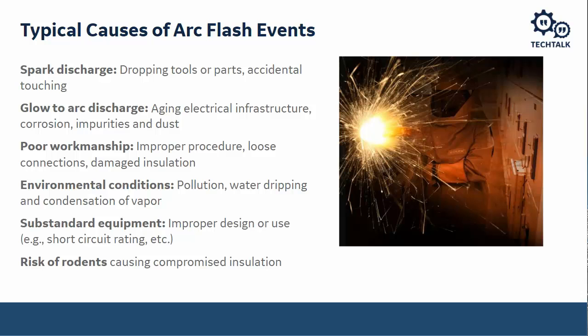Substandard equipment and improper design are other causes. We all have these temporary solutions when we're doing work. We jerry-rig stuff just to try to get our testing done, and these temporary installations can have problems because they're not designed to our permanent standard. So that can be a big issue.